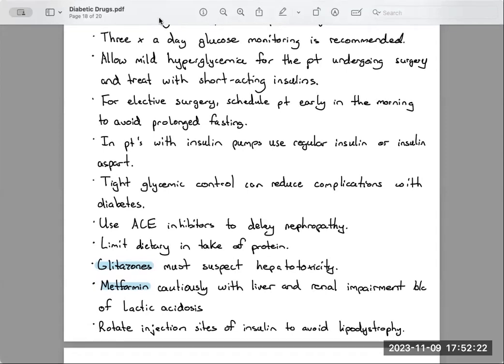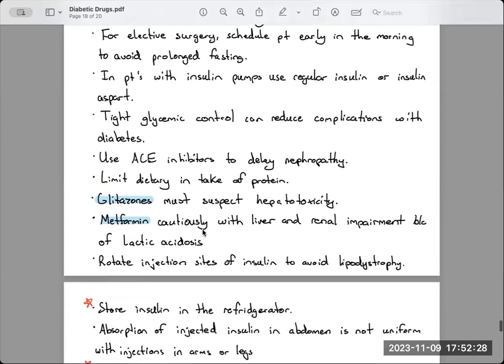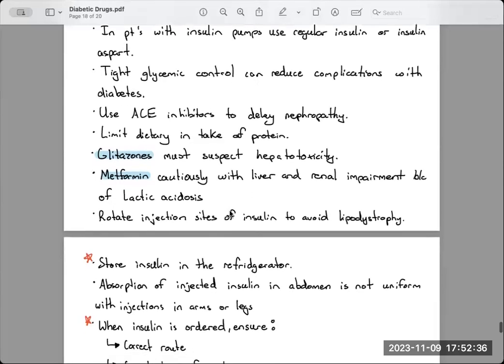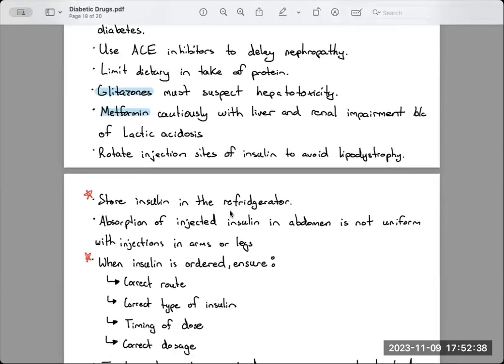We want them to have the earliest possible surgeries. Once again, if they're taking Aspart, Lispro, or Glulisine, they need to have food there. The glitazones might cause liver problems, and with metformin we have to be careful with liver or renal impairment.